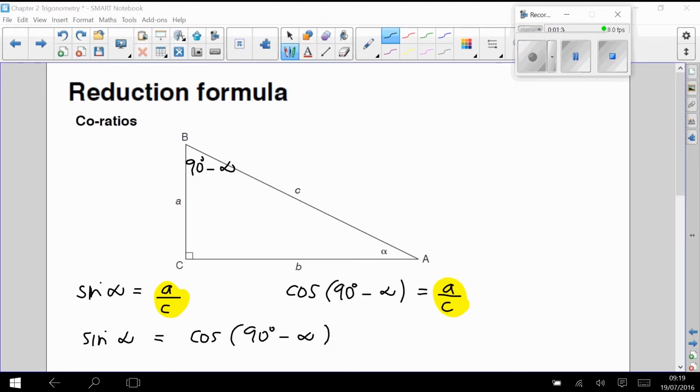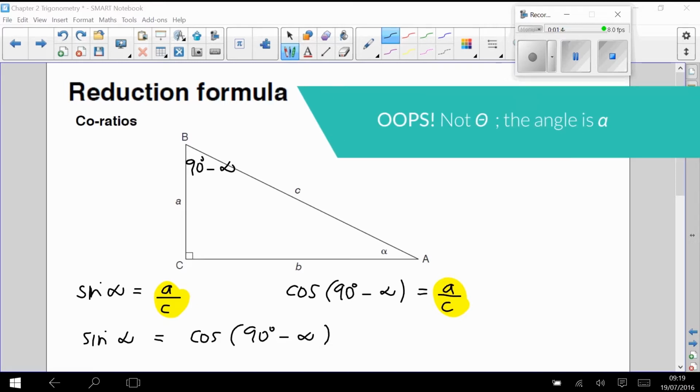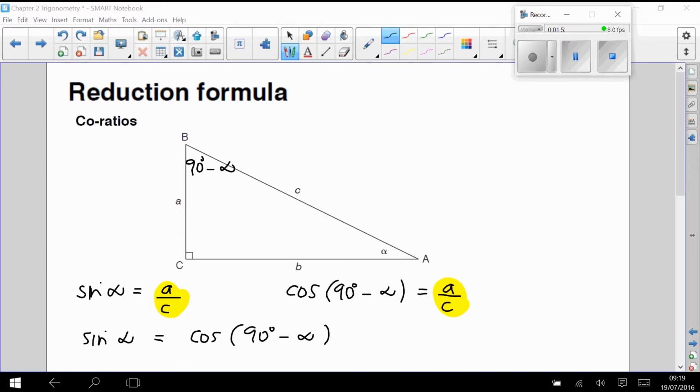These are called co-ratios. In other words, cosine is the co-ratio for sine, and the angle alpha is the complementary angle for cos's angle of 90 minus alpha. In other words, those two angles add up to 90 degrees.